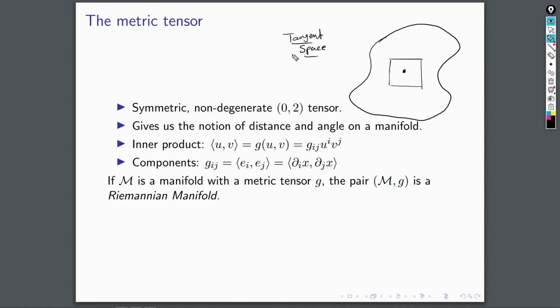And it turns out that this thing is actually a vector space. Okay? And we know that if we have a vector space V, we can define the dual space V star, and then from these two guys, we can start to talk about tensors.